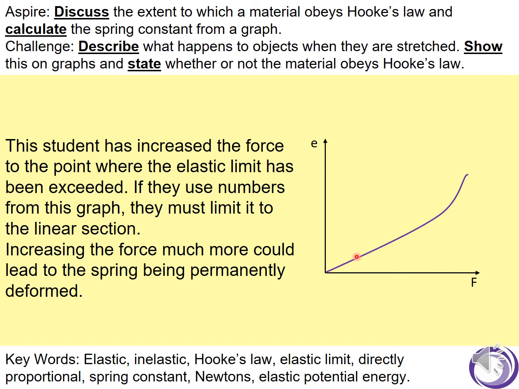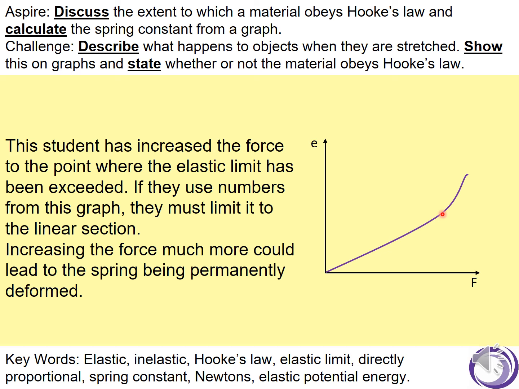So we have here working within the limits of elasticity following Hooke's law, directly proportional, but then at this point, beyond where the pointer is currently showing, it starts to not follow that, and the spring is going to be permanently damaged or break in the case of an elastic band, for example. It won't go back to the original length.